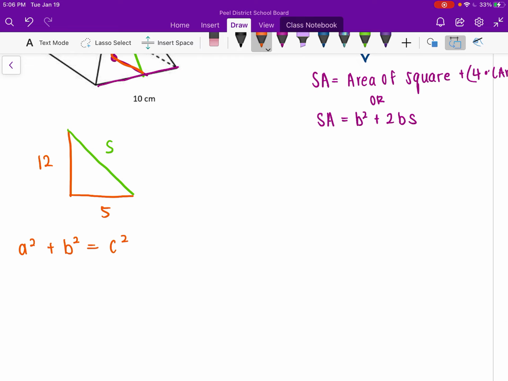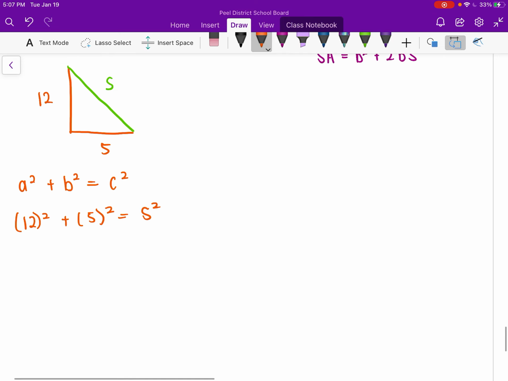I'm going to do 12 squared plus 5 squared equals s squared. 12 squared is 144. 5 squared is 25 equals s squared. So 144 plus 25, just put that into your calculator, is going to give you 169 equals s squared.